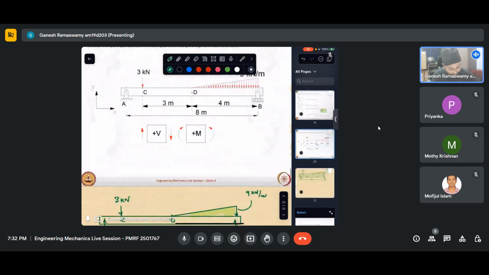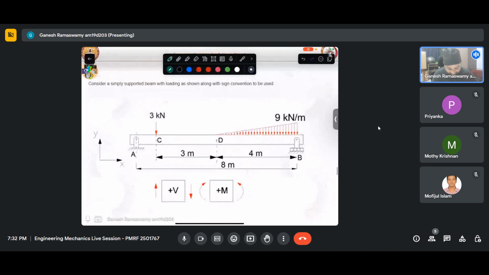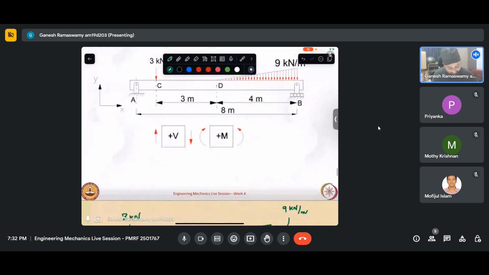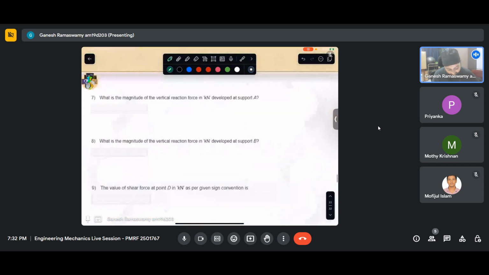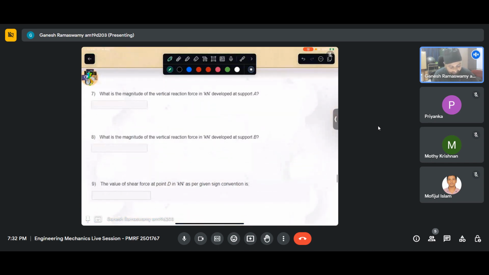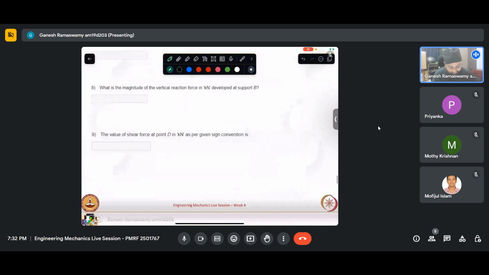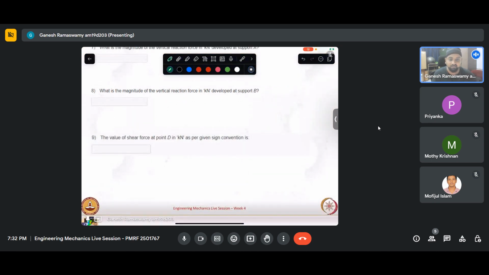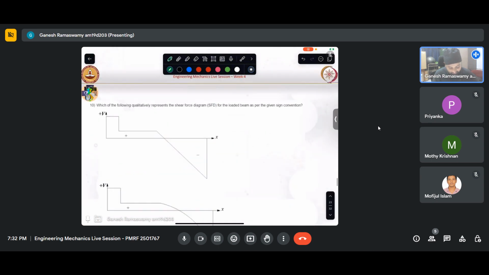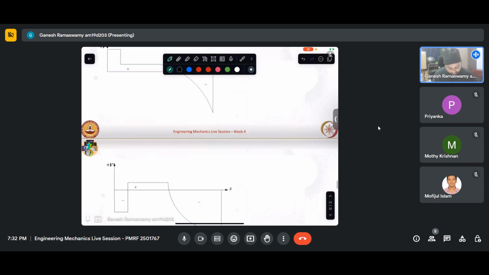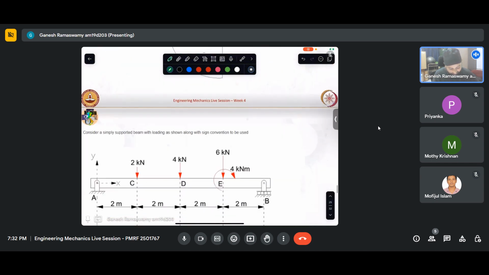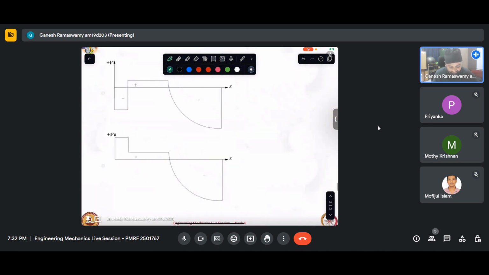Consider a simply supported beam with loading as shown as per the sign convention given. What is the magnitude of the vertical reaction at AB? What is the value of shear force as you had just asked? At point D, what is the shear force? How qualitatively the bending moment diagram and shear force diagram look goes to another question. So this question ends here.